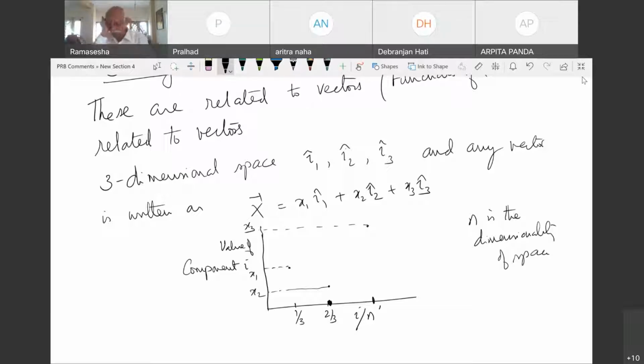Sir, how did you get 1/3, 2/3, and 1? How many components do I have? 3 components: x1, x2, x3. So yeah, I made my mistake. So let me put it as 1. So it's in three-dimensional space.